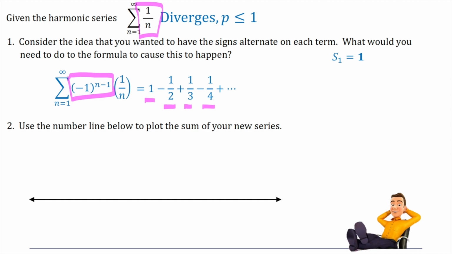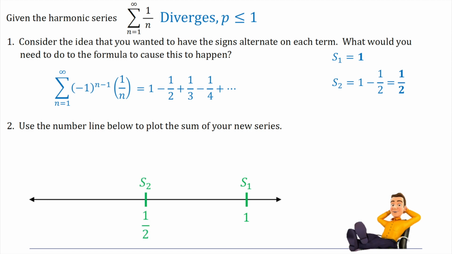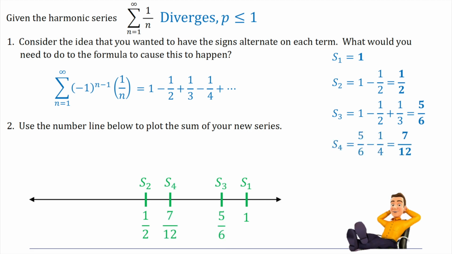So if we start taking partial sums, the first partial sum is 1. And I'm going to mark that on my line here. Let me clean this up again. The second partial sum, 1 minus 1/2, is 1/2. The third partial sum is 5/6. The fourth partial sum is 7/12.